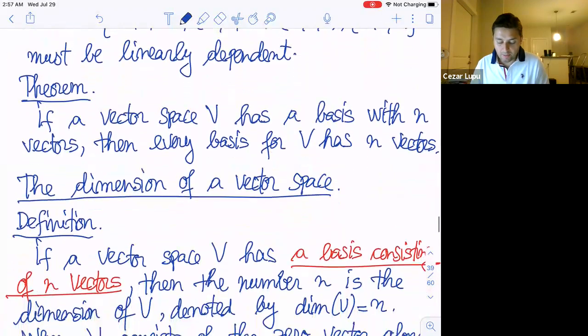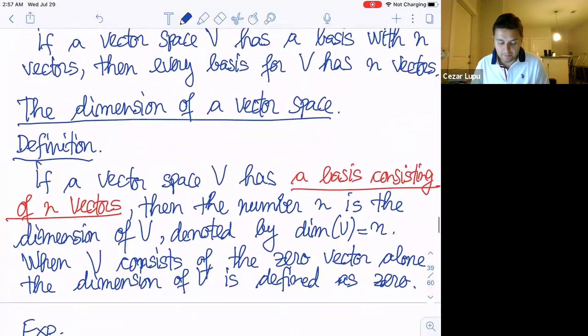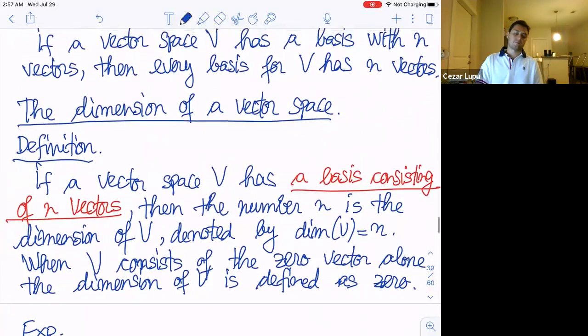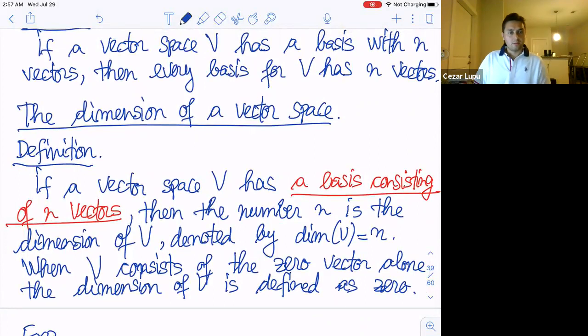Okay, now let's talk about the dimension of a vector space. The definition is the following. If I have a vector space V that has a basis consisting of n vectors, right? This is a very important thing to say. A basis consisting of n vectors, then the number n, guess what, is nothing else than the dimension of that vector space.